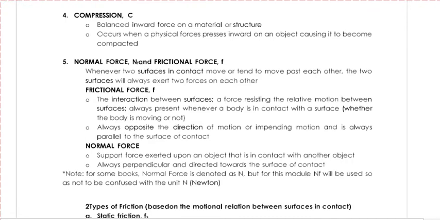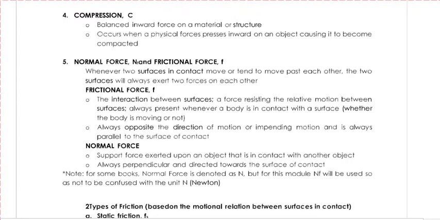Number one, we have frictional force. This is happening kung may ara sang interaction between surfaces. So a force resisting the relative motion between the surfaces is always present whenever a body is in contact with a surface, whether the body is moving or not. So, bisan gagiyuman na siya, ginabutong man siya or wala, basta in contact with a certain surface, may ara talaga gina-consider nga frictional force.